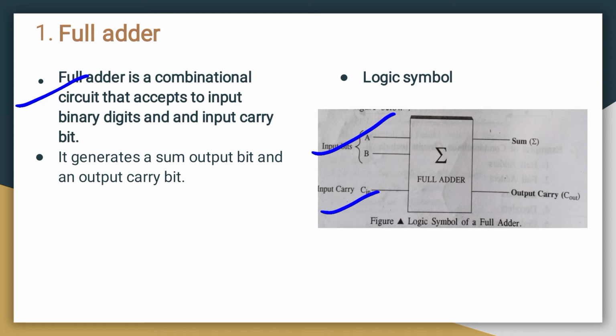Next, it generates a sum output bit and an output carry bit. Again here we get two outputs, sum and carry. So two are the binary inputs and one is the carry input. We will get two outputs, sum and carry output. So this is about the logic symbol.